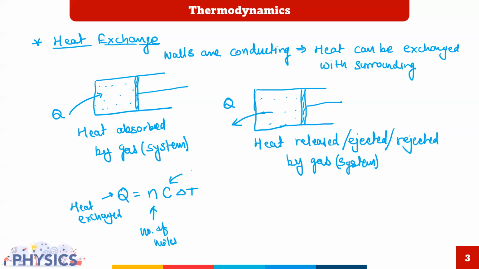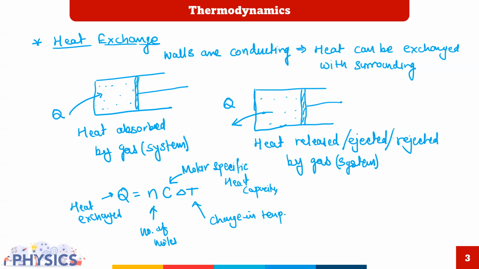C is the molar specific heat capacity, and ΔT is the change in temperature. This we have studied in heat transfer.